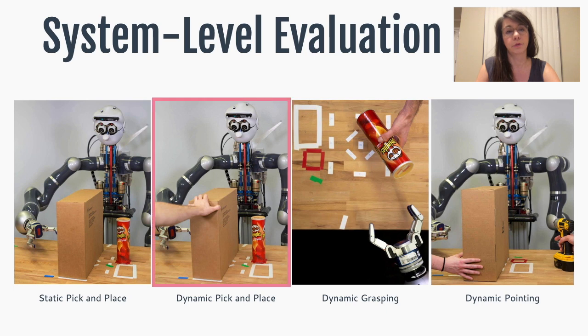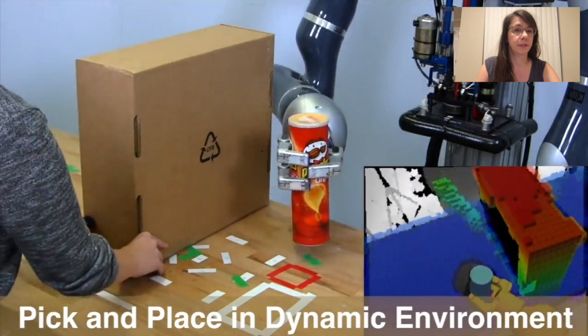In the interest of time, I will just show you one of them: a pick and place task in a dynamic environment. You see Apollo again picking up the Pringles box, and Franziska Meyer is going to push an obstacle in the way, and Apollo has to react to it. At the bottom right, you see what the robot sees: the occupancy grid map, the pose of the hand, and of the target object.